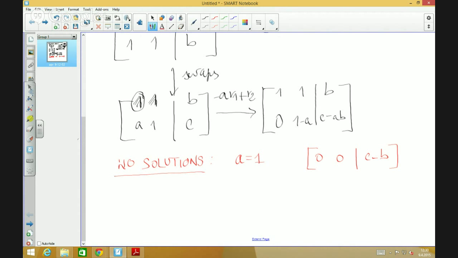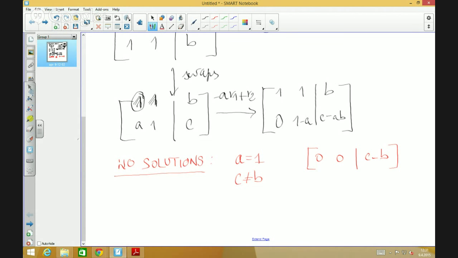The algorithm tells us the system is inconsistent when C minus B is not 0. So when C is different from B. If A is 1 and C is different from B, then you have a row of the form 0, 0, something which is not 0.